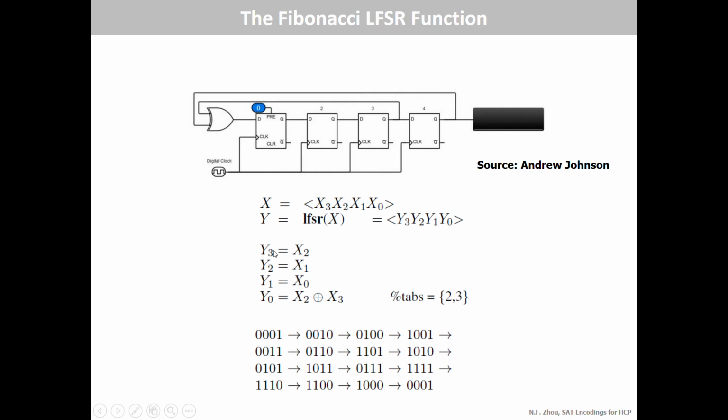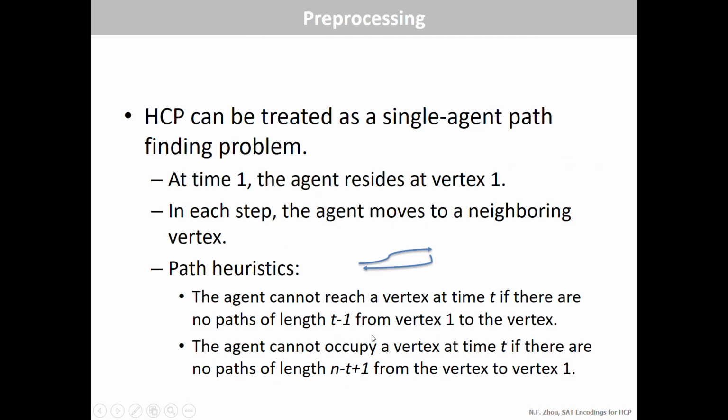So it gets y3 equals x2, y2 equals x1, and y1 equals x0. And for the lowest bit, it chooses 2 bits as taps and takes the XOR of these 2 taps. In this way, it can generate all the non-zero values.